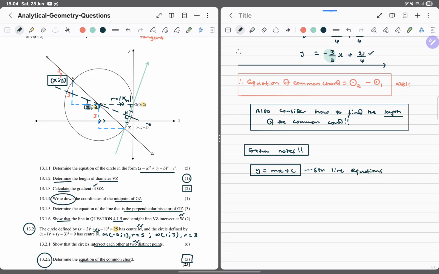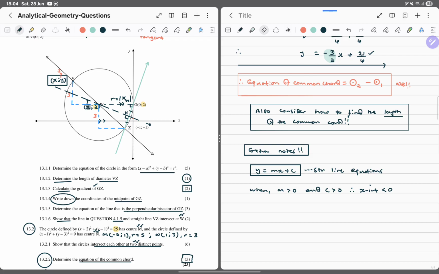Now, what do we know? When the gradient is positive, when m is greater than 0, and c is also greater than 0, we know that the x-intercept is always going to be less than 0.